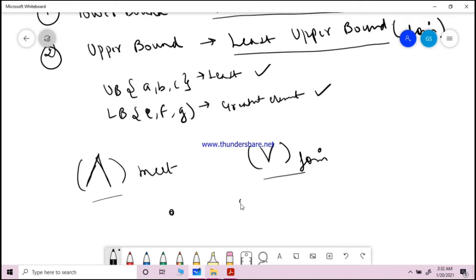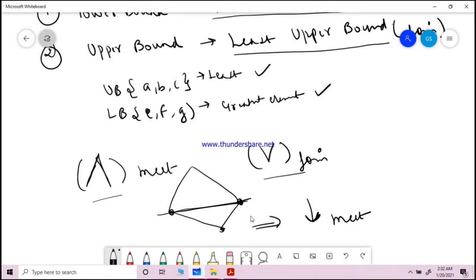Suppose you are given a figure with edges showing subsets. If you are meeting in the lower section of the figure, then this is called meet. And if you are meeting or joining in the upper section of the figure, that is called a join. So this is how you differentiate between meet and join.